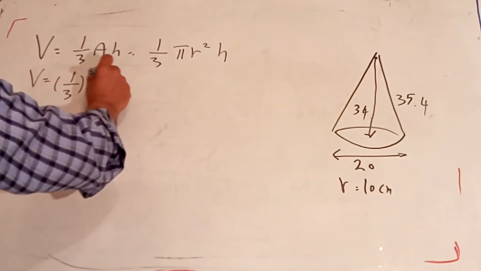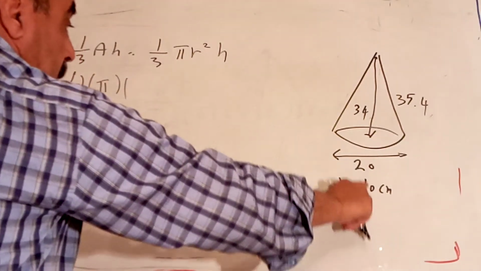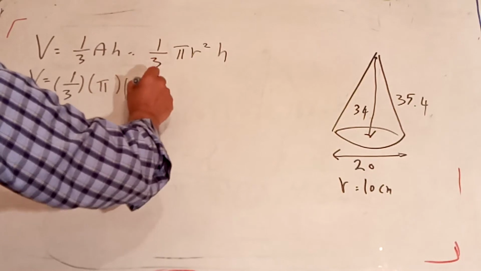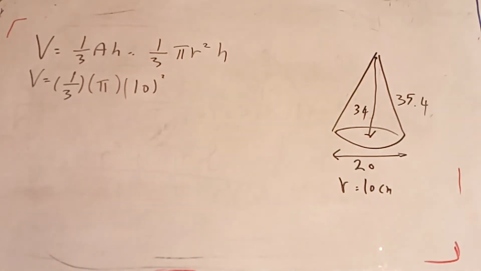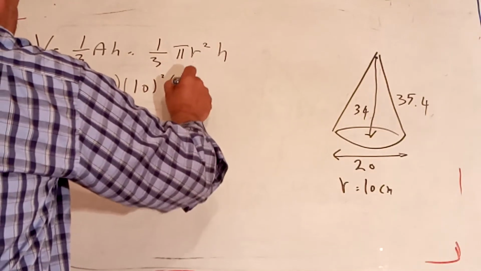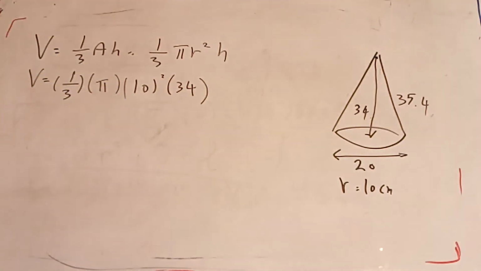pi, r we said is 10 centimeters, 20 divided by 2, so 10 centimeters squared, multiplied by h, which is 34. You can use pi as 3.14.